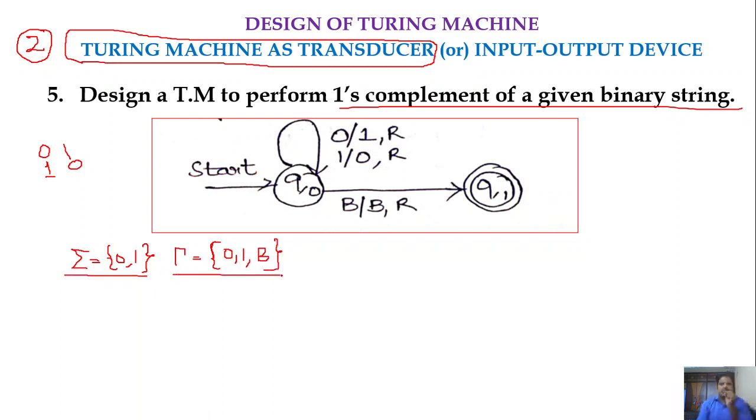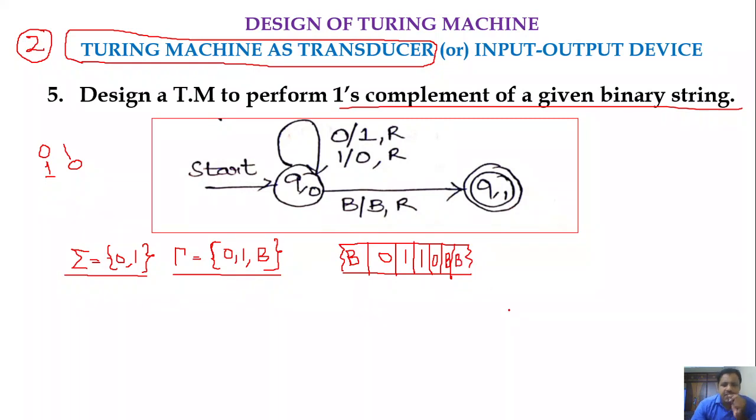Okay, right. So let me explain the logic first. Consider the tape that we are having. In the tape, we have certain blanks and a certain binary string. Let me take a binary string as 0, 1, 1, 0, blank, and after that blank you will get any number of blanks.